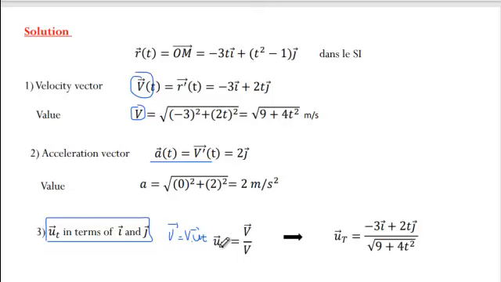Then in this case UT vector equals V vector over V value. This is the V vector, and this is the V value. We notice in this case that the UT vector will be given in terms of I and J. This way we have made the relation between the NT system and the I and J system.